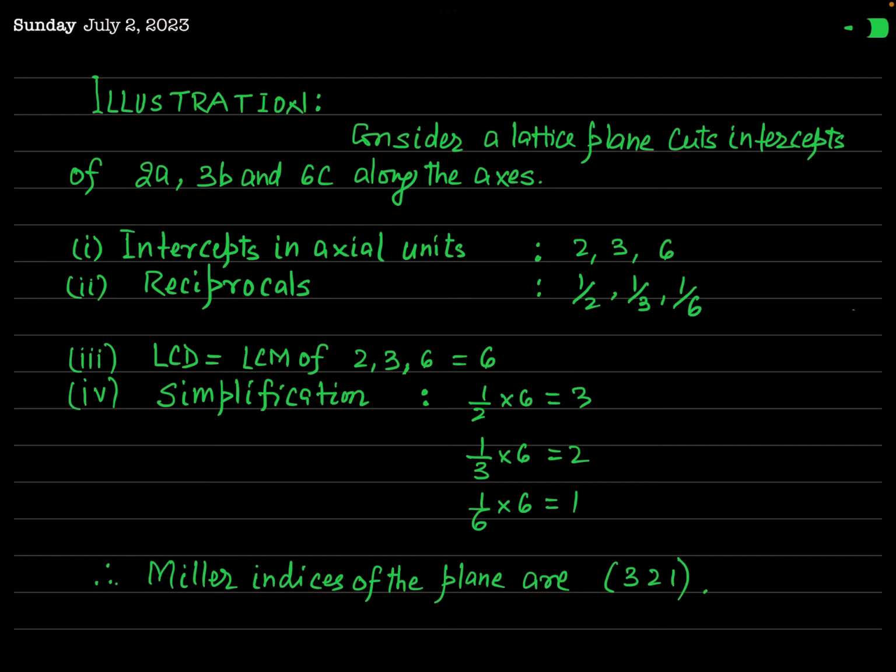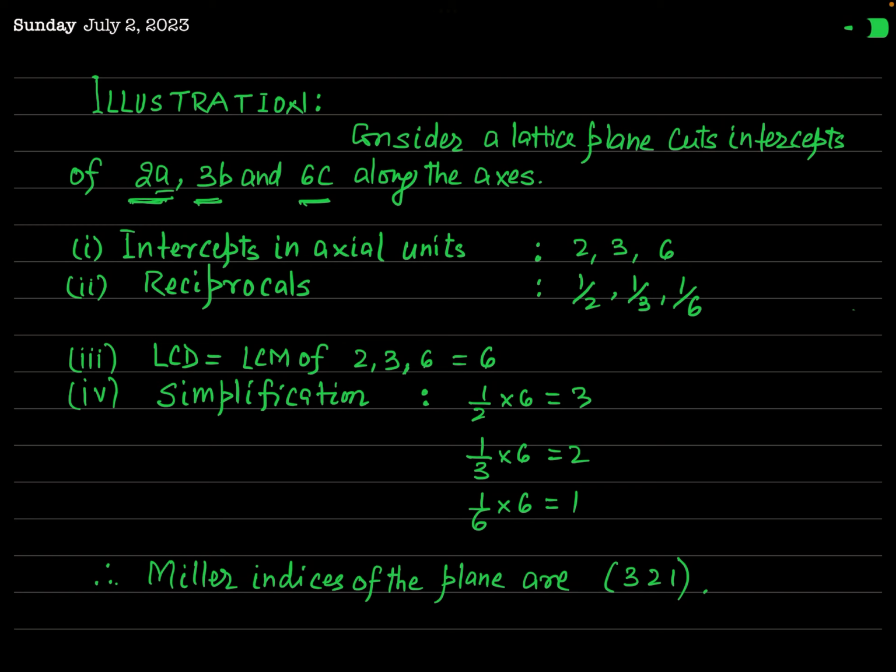You can easily calculate. For example, I have taken a crystal plane which cuts the crystallographic axes at 2a, 3b and 6c. It means the intercepts of this lattice plane on the three crystallographic axes are 2a, 3b and 6c. But in the first step, you have seen we have to write these intercepts in terms of the axial units, taking a, b and c as units.